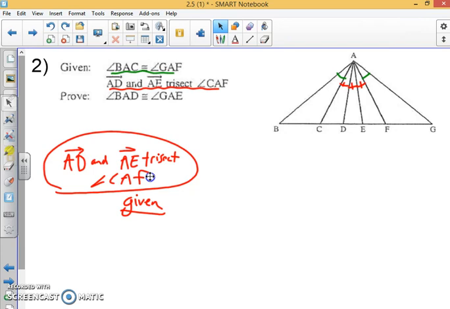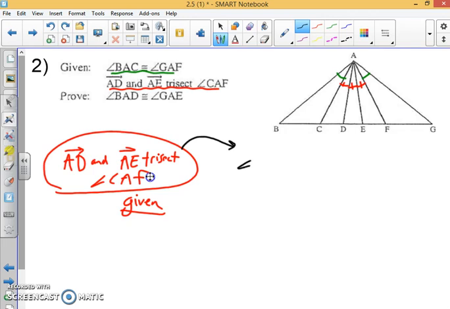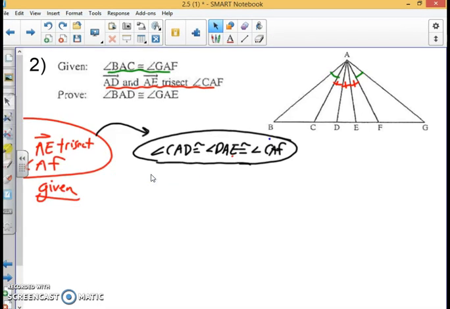From there, we can conclude that all three of those red angles are congruent. So angle CAD is congruent to angle DAE, which is congruent to angle EAF. Excuse me, I said CAF, I meant EAF, that other small red angle.